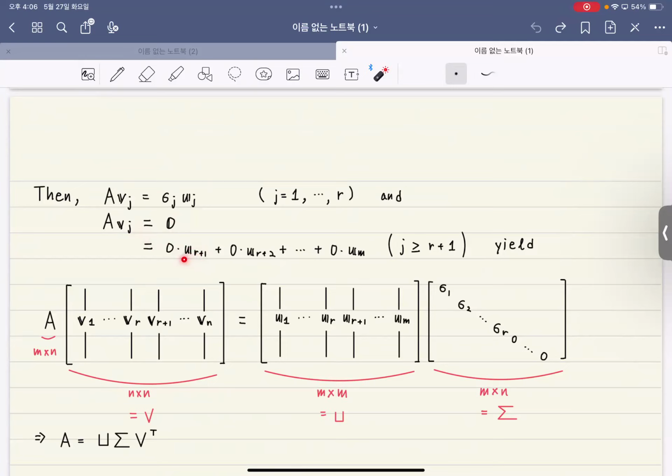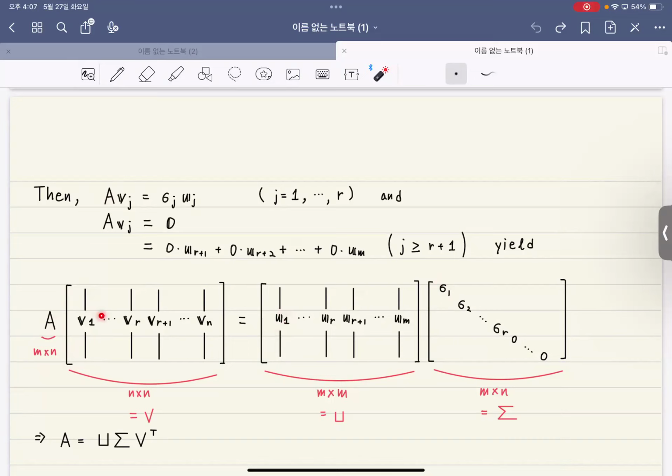But well, for future purpose, I have just written down that this guy is 0 times U r plus 1, right? So, okay, I can summarize these relations in just one single matrix equation like this. A, which is an n by n matrix, multiplied by this column vector V1 is sigma 1 times U1, right?